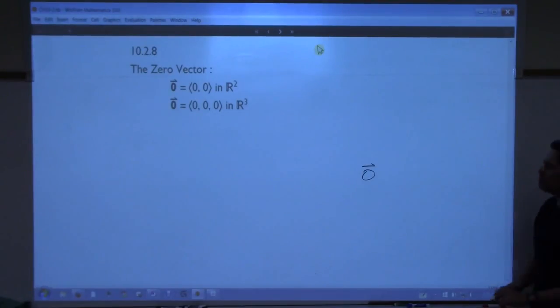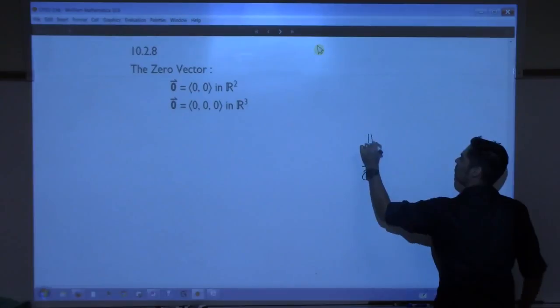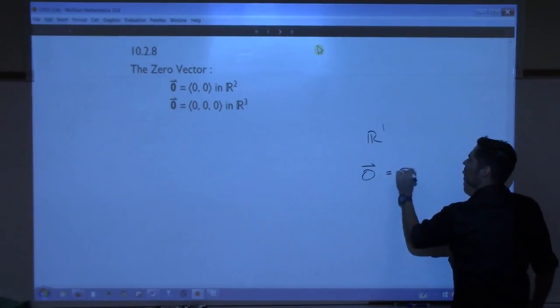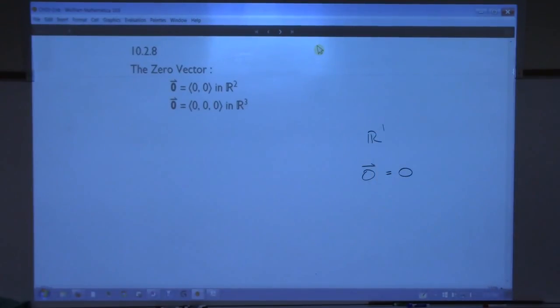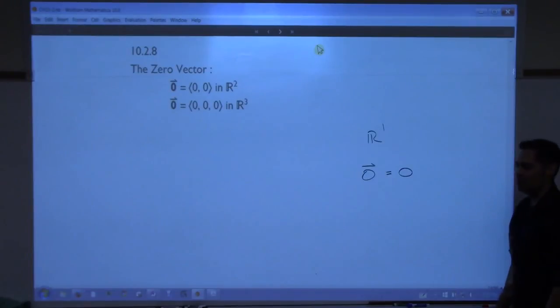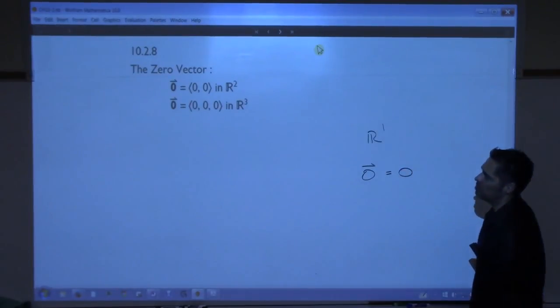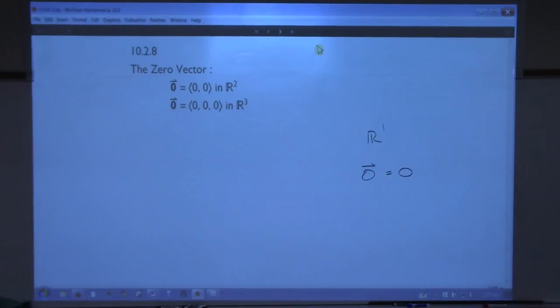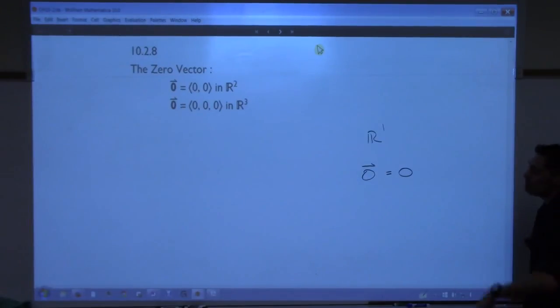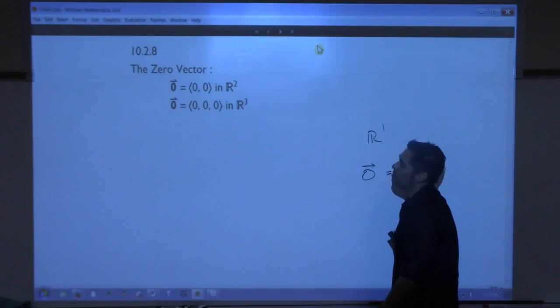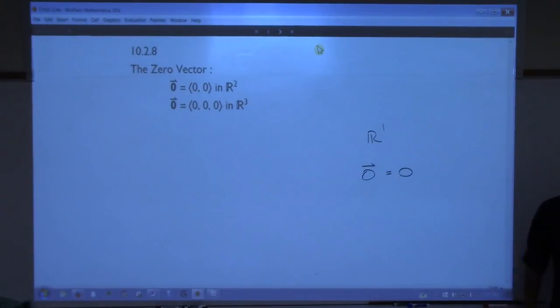What do you think the zero vector is in R1? It is 0. It's the number 0 in R1. But we don't mess with vectors usually in R1. We usually go from 2 and higher. So it has no direction, no length.